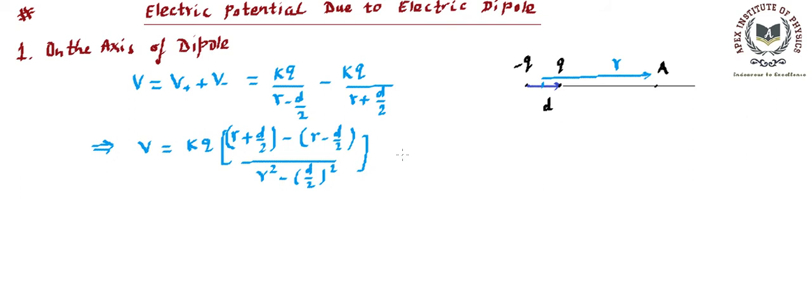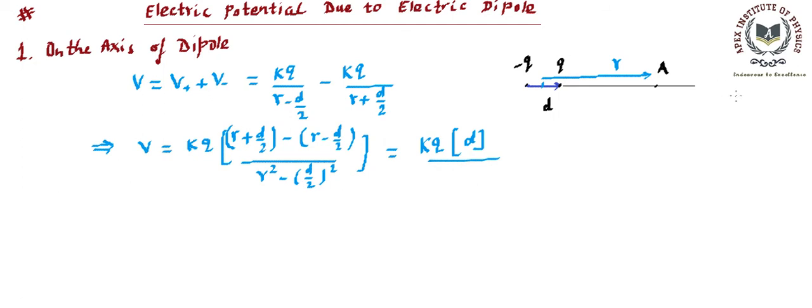To carry forward this calculation, you will find this is equal to KQ, a constant, outside. Within the bracket, the minus sign expansion will lead to minus R plus D by 2. Minus R and plus R get cancelled out. D by 2 plus D by 2 becomes D. So this simplifies to D divided by the denominator.